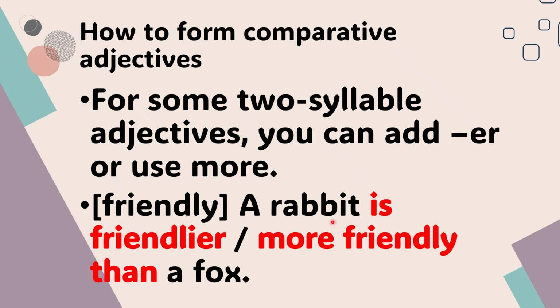So a rabbit is friendlier. Remember the rule for ending with Y: change the Y into I and then add ER. Or you can also use more because it's also a two-syllable word. So, more friendly than a fox.